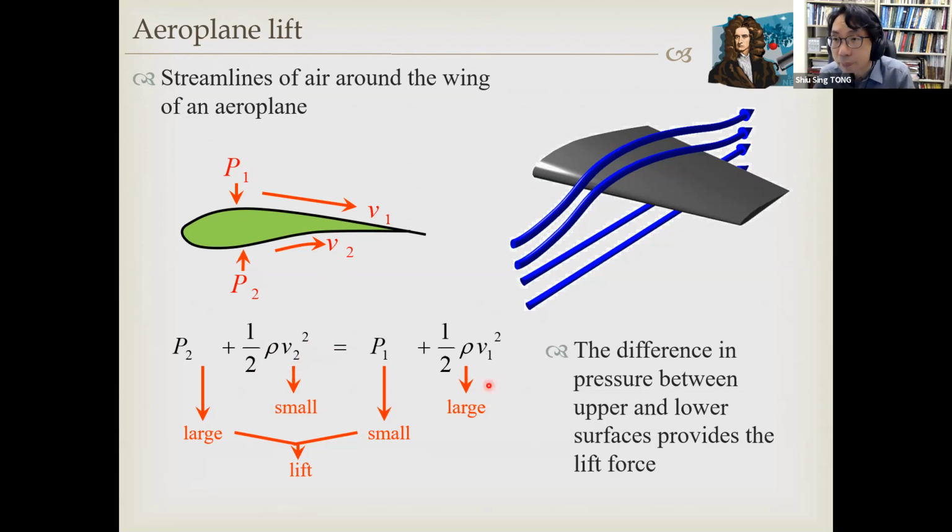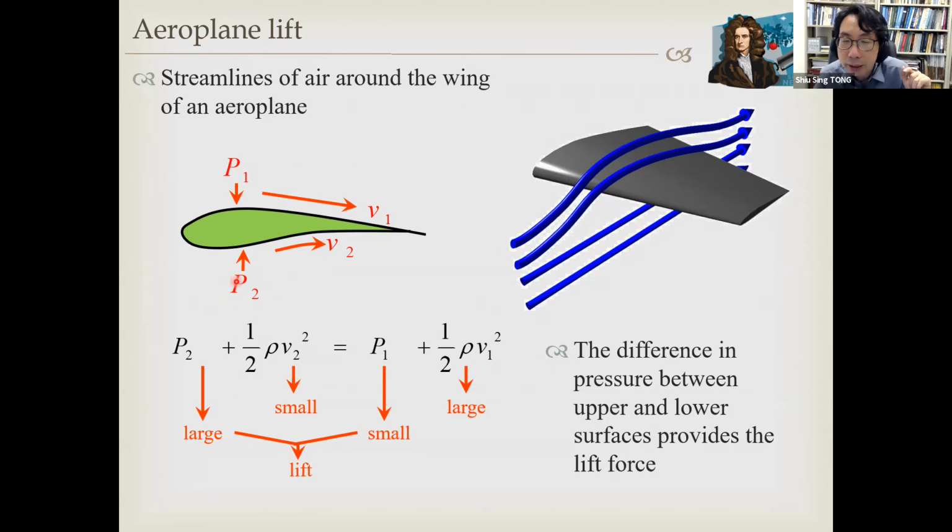But essentially, this is the story. If you apply Bernoulli's equation to a certain approximation, P plus half rho v squared is equal to a constant. So if V on the upper side is large, V1 is large, then you have a smaller pressure. So the pressure at the top is smaller. If you have a small velocity at the base, if V2 is small, then you have a larger pressure P2.